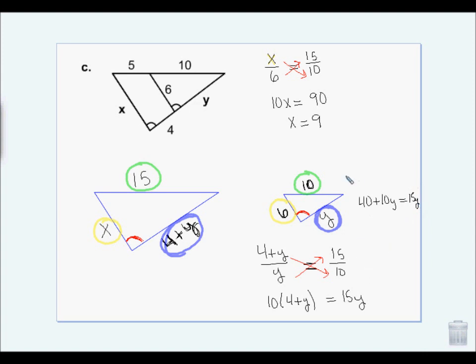Does that make sense? So I have all y's. And I can subtract 10y from both sides. And I get, sorry, not 40y, 40 is equal to 5y. So y is 8.